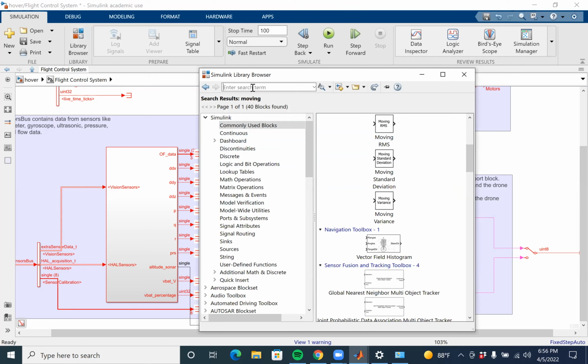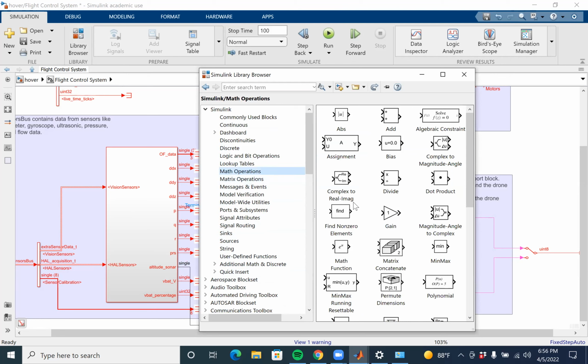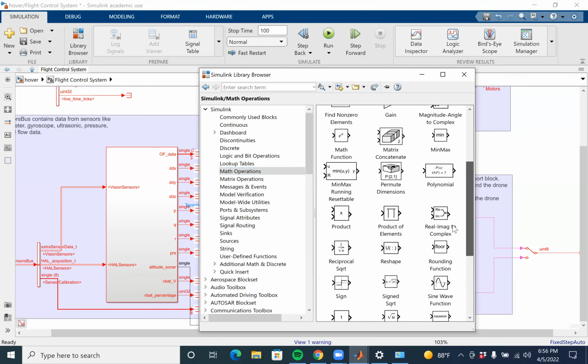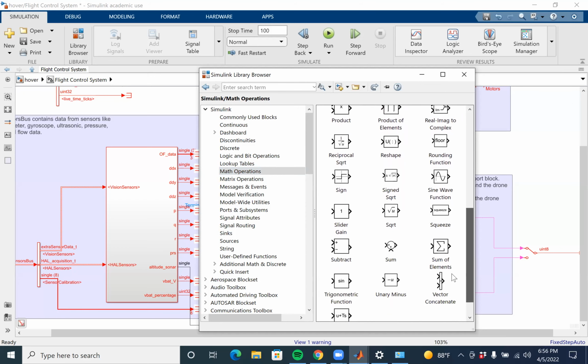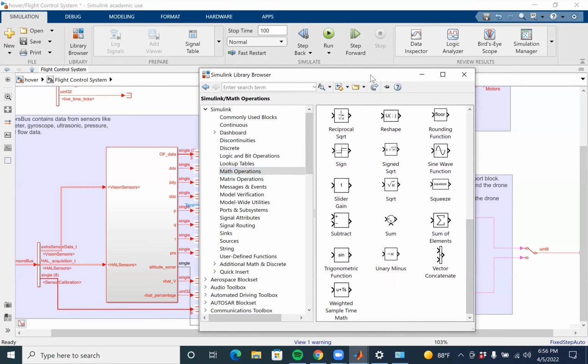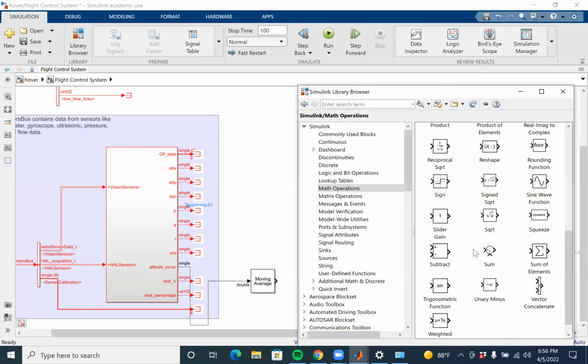so basically I want to find the difference. So basically subtract, so mathematical operations. Math operations. So you can do subtract.